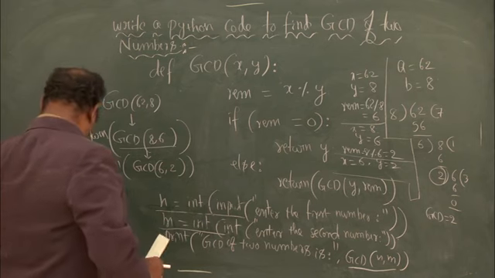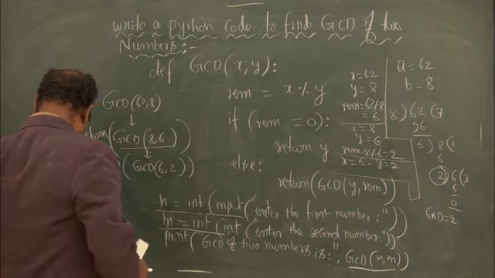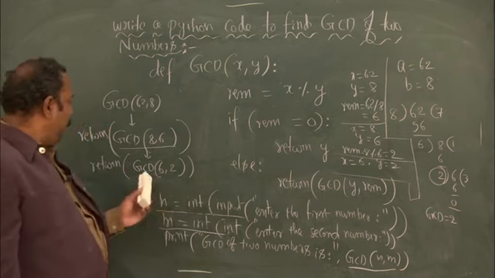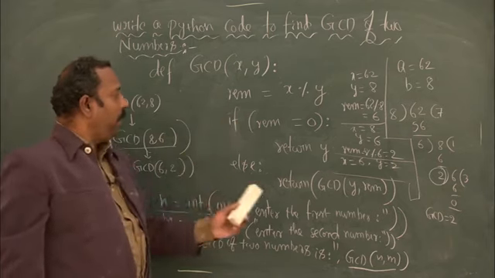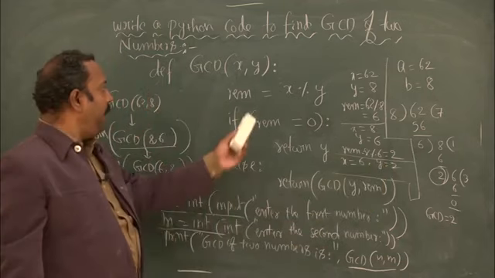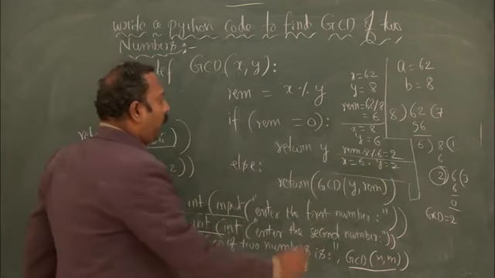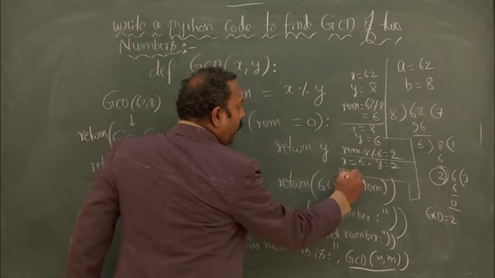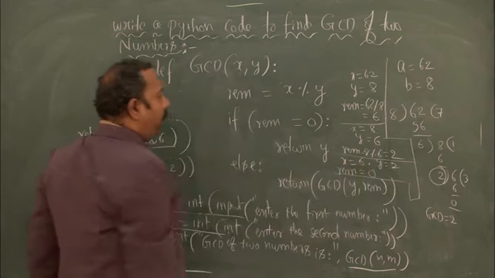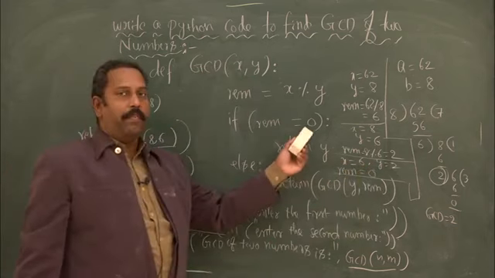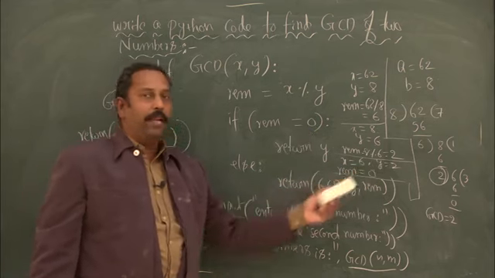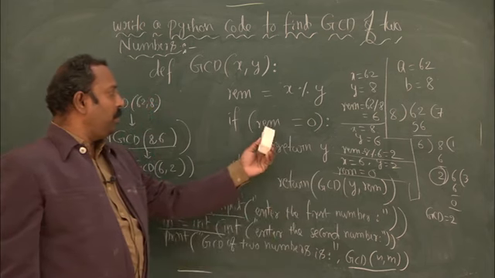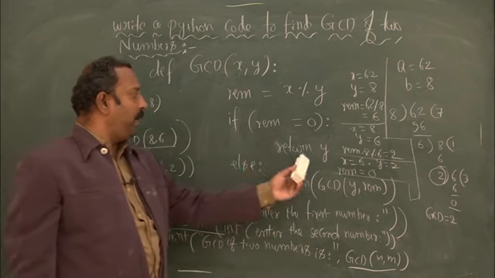Remainder equal to x mod y, so remainder will get the value 0. Whenever you get the remainder value 0, return y. So what is the value here? y value is 2. Because the condition is true, it won't go to the else case. Simply it will return the y value.